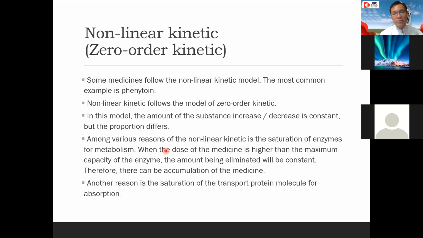Just now my question to you, what causes the nonlinear? Most of the cause is the saturation of enzyme. When the dose of the medicine is higher than the maximum capacity of the enzyme, the amount being eliminated will be constant. Therefore there can be accumulation of the medicine.